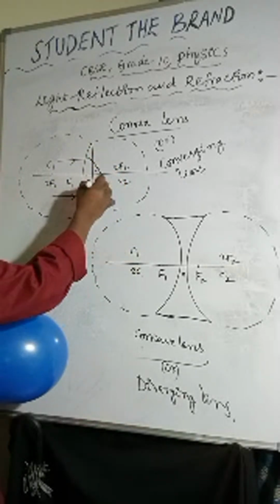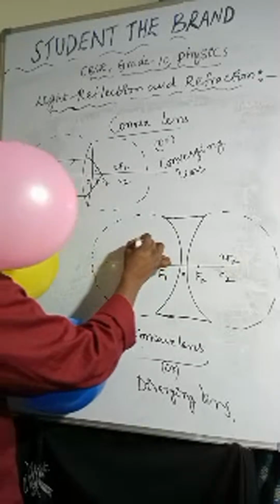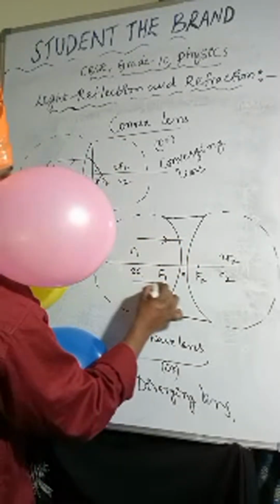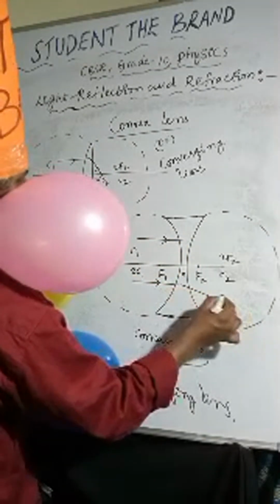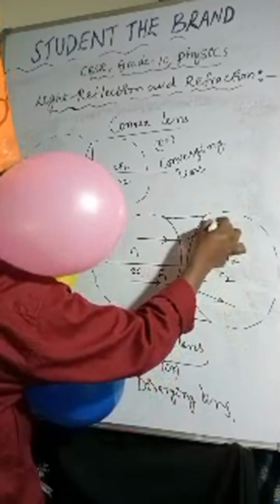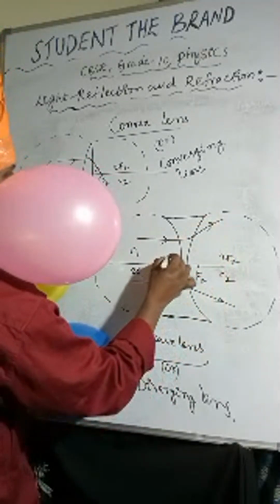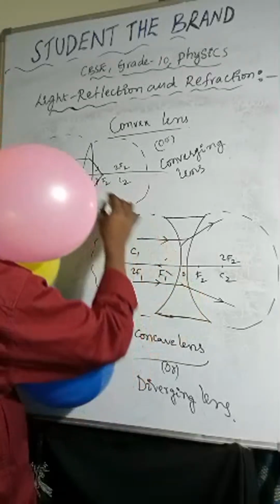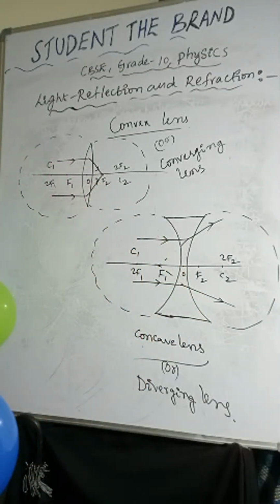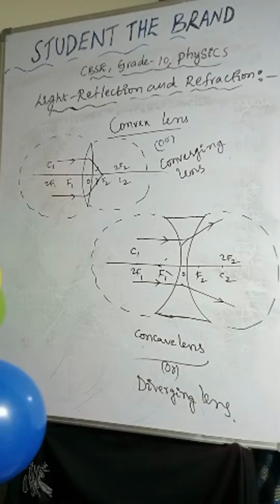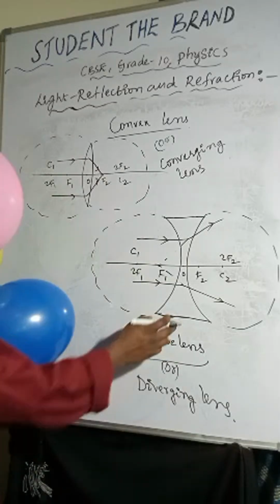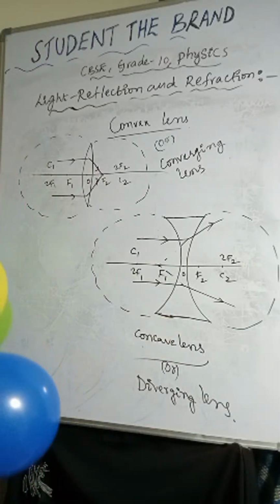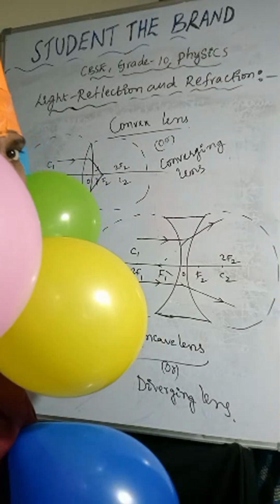Whereas here, after incidence, the light rays will be diverged, like this. So the convex lens is a converging lens, whereas the concave lens is a diverging lens, right?